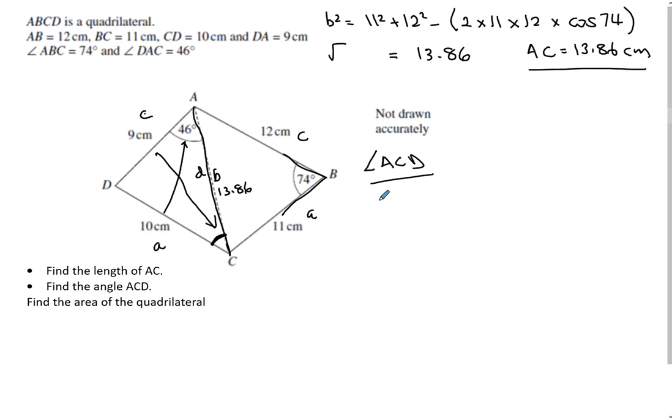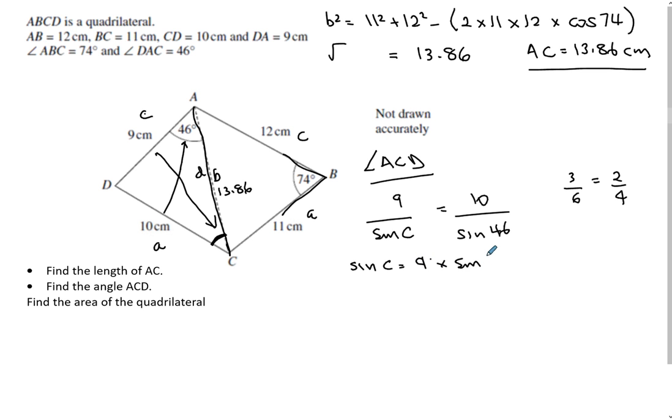So we're going 9 divided by sine C equals 10 divided by sine 46. Using the Faz format of 3/6 equals 2/4, we go that times that divided by that. So sine C equals 9 times sine 46.